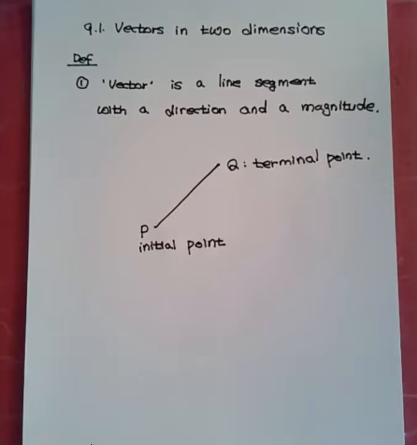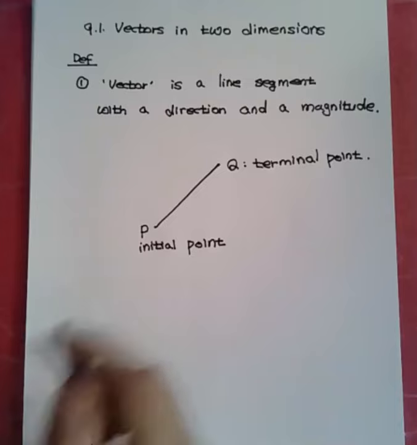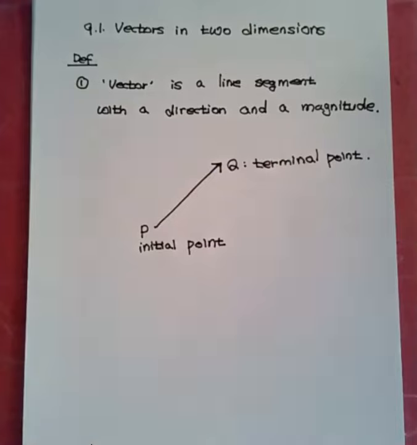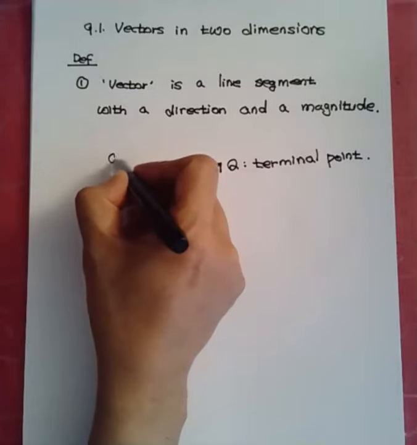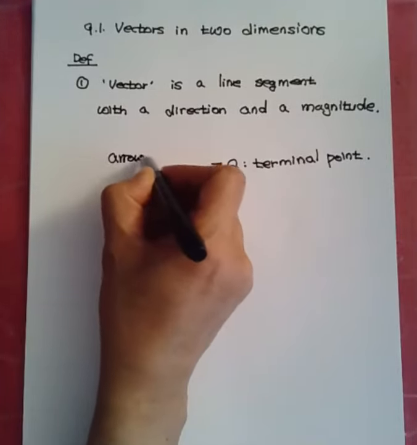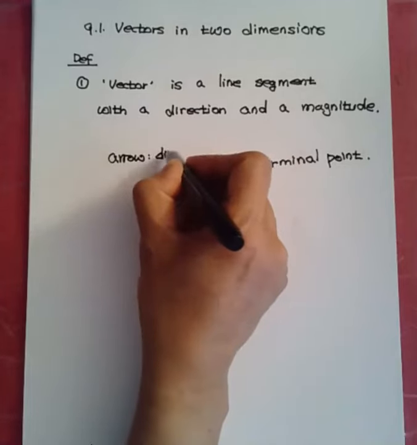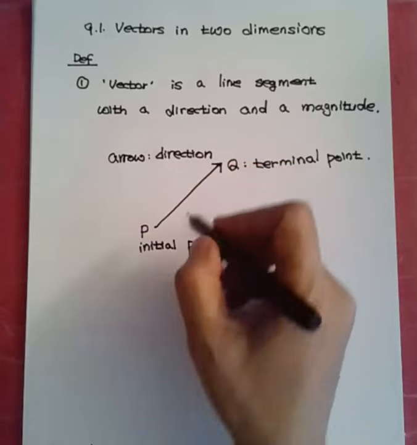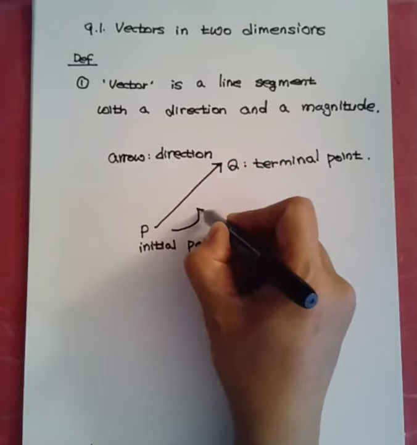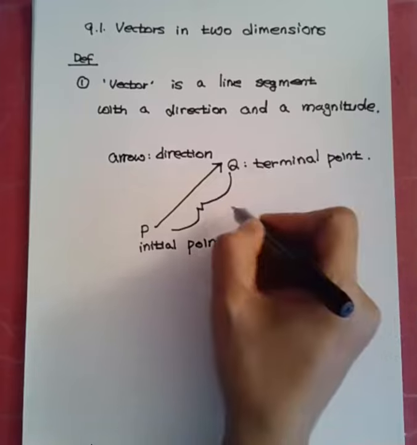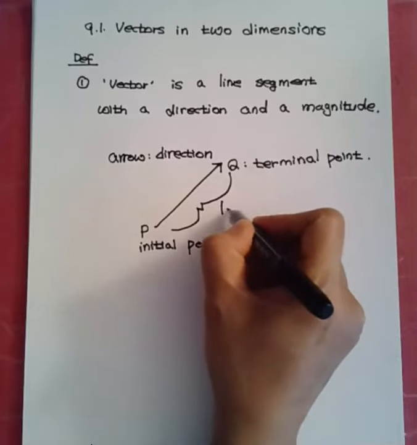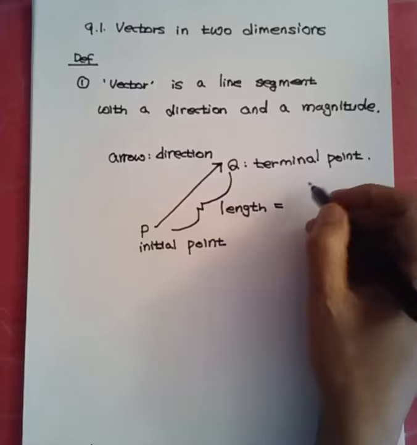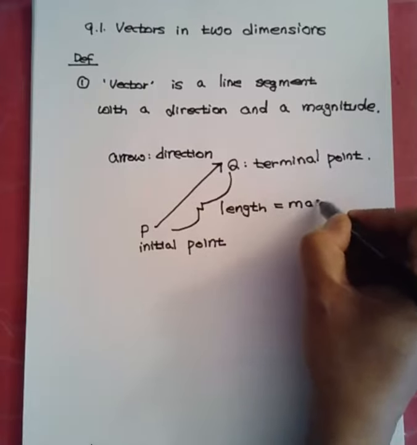Then the vector points toward the terminal point, which is denoted with an arrow. A line segment has a length. Length is magnitude.